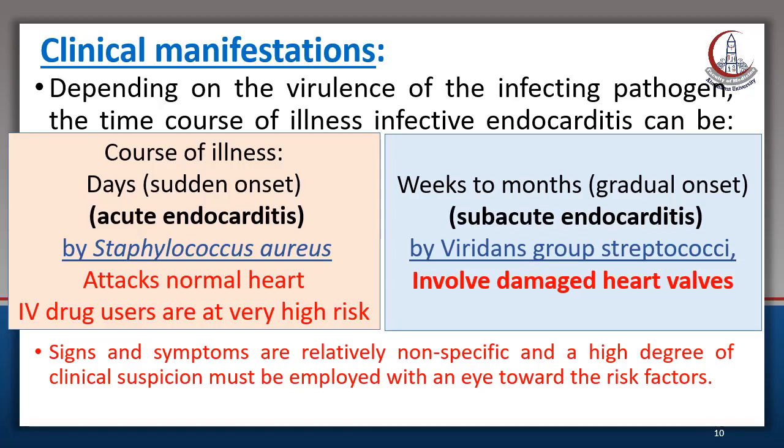If the endothelium is damaged, tiny amounts of platelets and fibrin clots can form on the valve. This wouldn't be much of a problem, and they would probably go away, except that every once in a while a bacterium can get enwrapped in the clot.